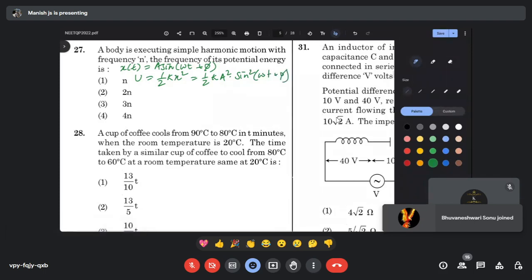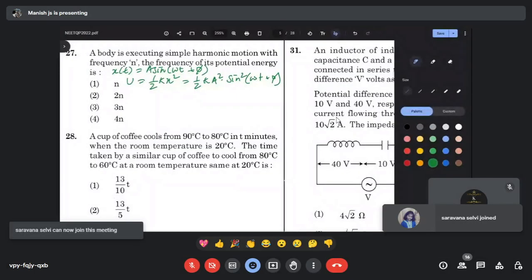Now, what is the frequency term? From the given expressions, we can identify the term. Omega t, if you look at the relationship, you will obviously get it, 2 pi f.